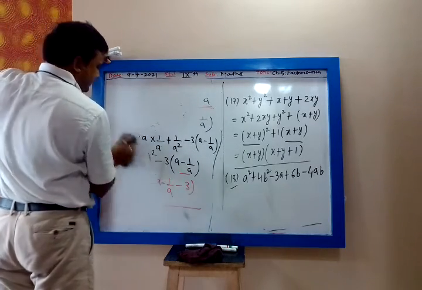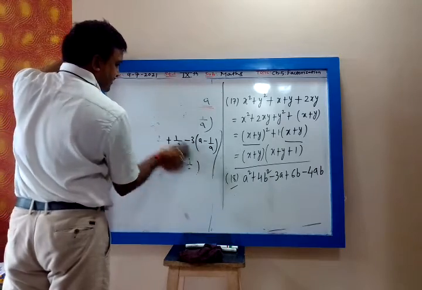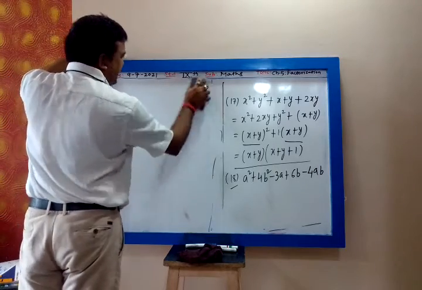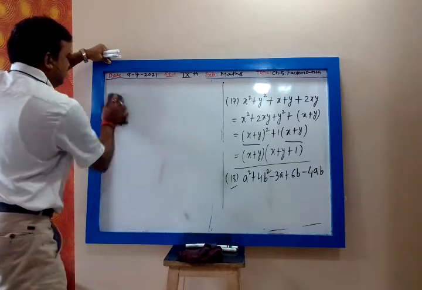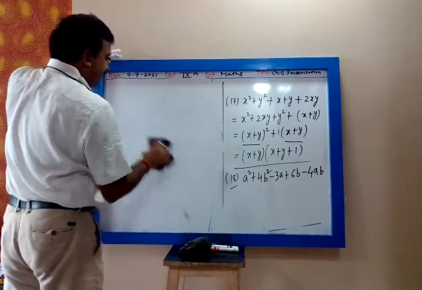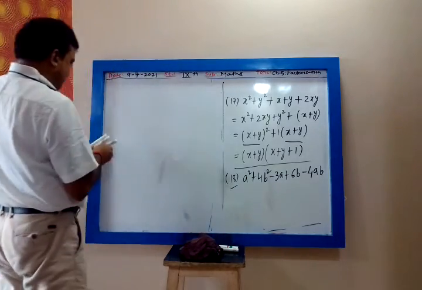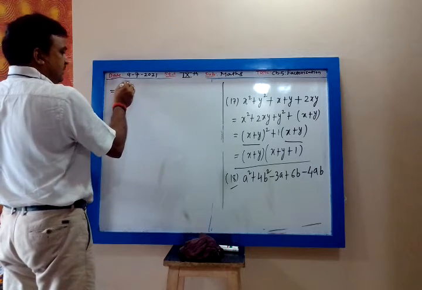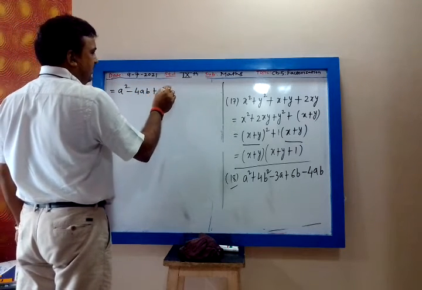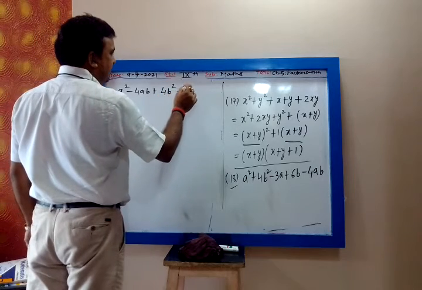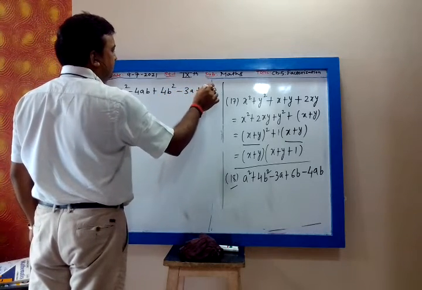Now, you can see a square and b square, so the middle term should be 2ab or minus 2ab. So we rearrange the terms so that we write a square minus 4ab plus 4b square minus 3a plus 6b. Rearrange the terms.